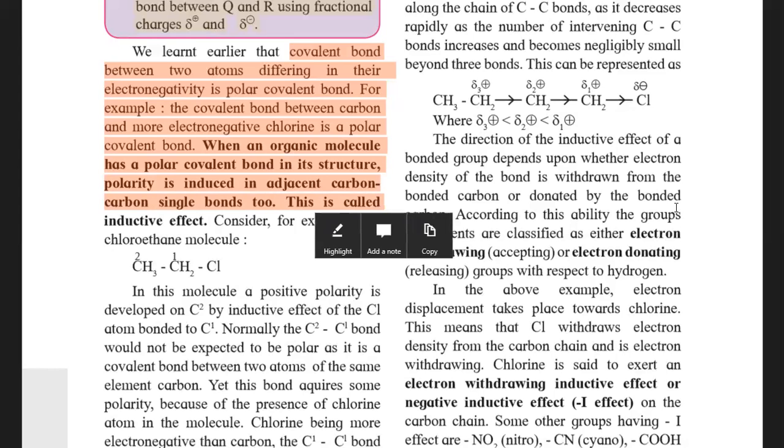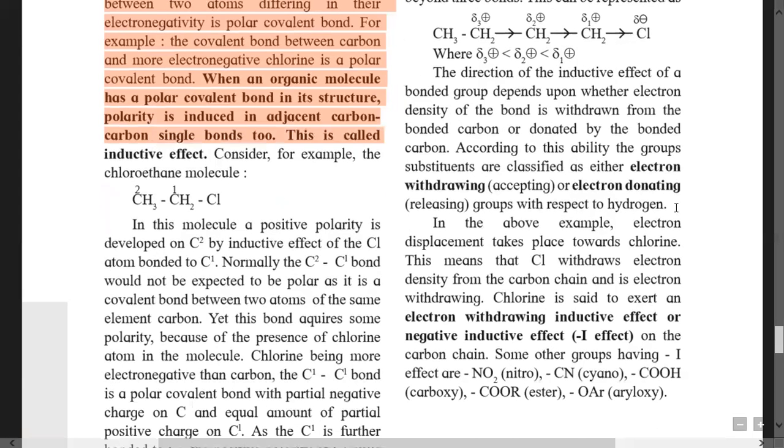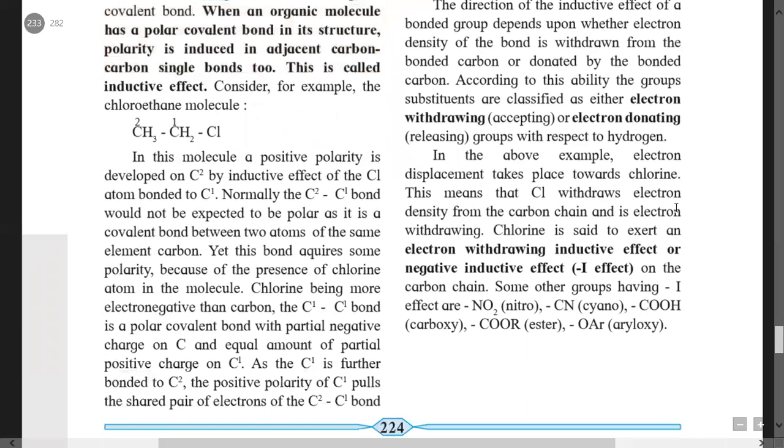In simple words, the definition of inductive effect can be given as a permanent polarization of a single covalent bond due to electronegativity difference. Now, consider this example of chloroethane.